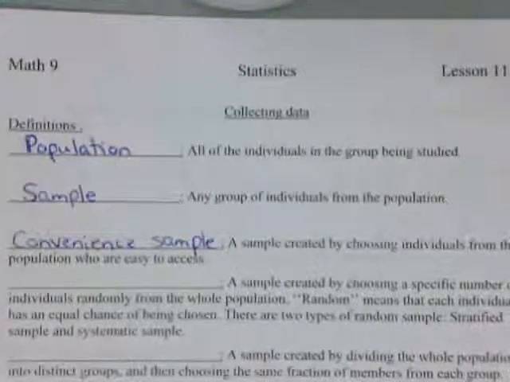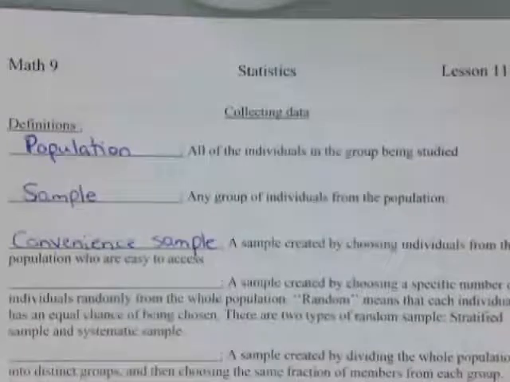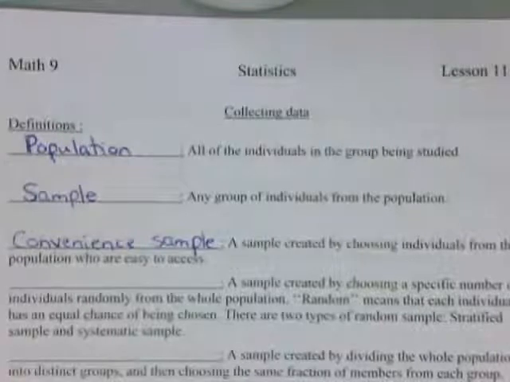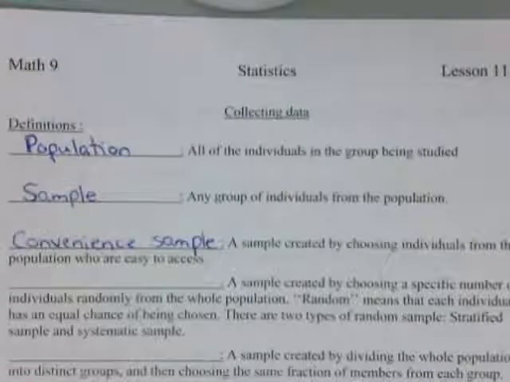So my convenience sample would be asking a group that is easy to access. So for example, this group of math, I could ask you guys a question and I could get an answer to my survey. It would be very convenient because I already have you guys on Teams, I already teach you, etc., etc.